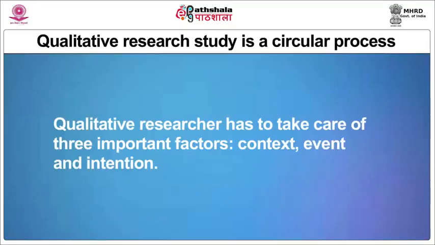While describing a phenomena, the qualitative researcher has to take care of three important factors: context, event, and intention. It's the responsibility of the analyst to give an appropriate and reasonable explanation to the phenomena under study.